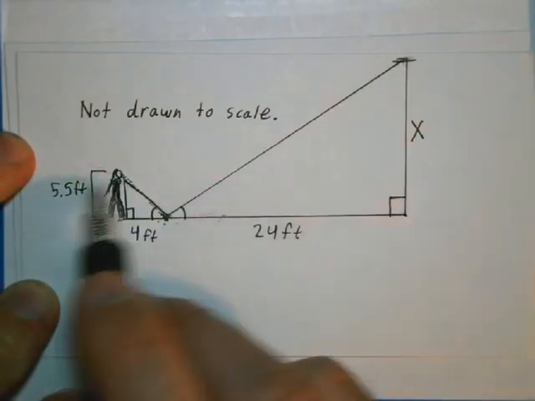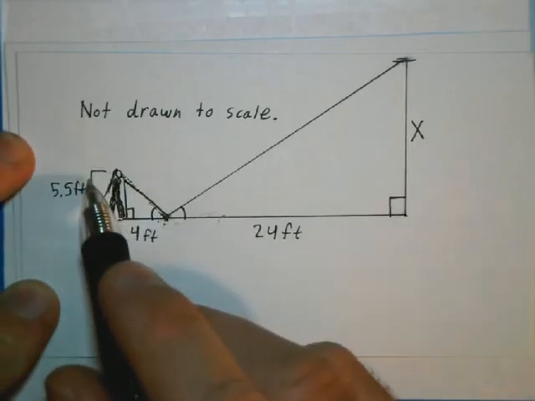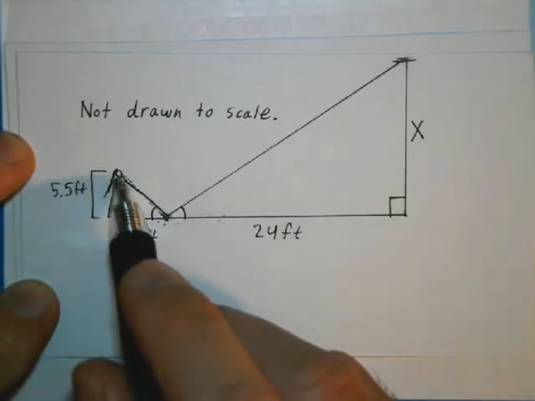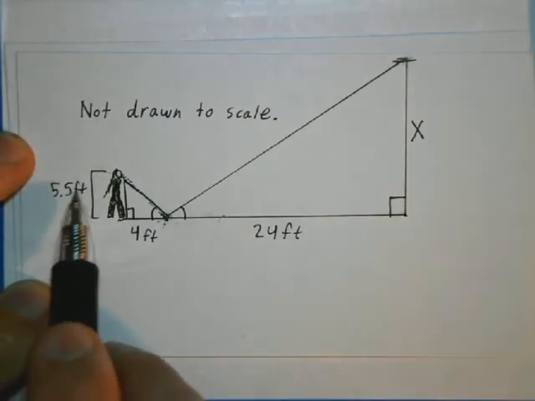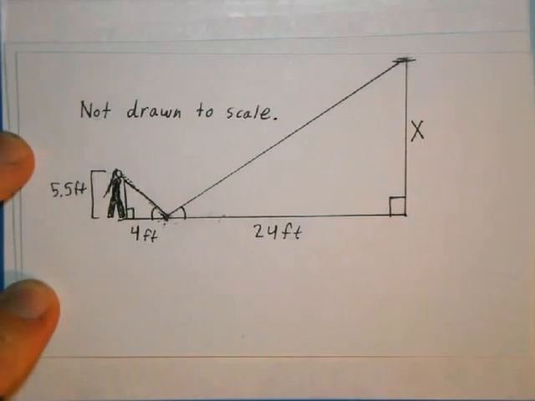You would also measure your line of sight, so how tall you are up to your eyes, and then you can find how tall the gym is.